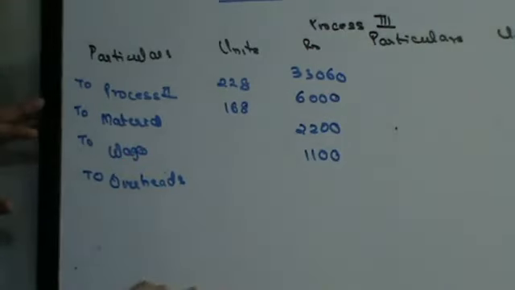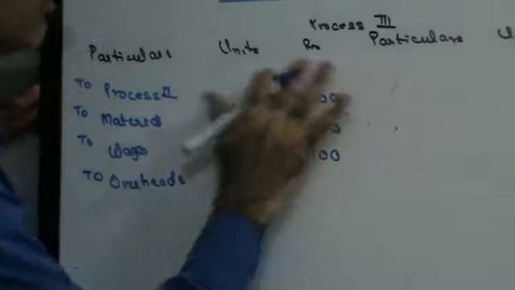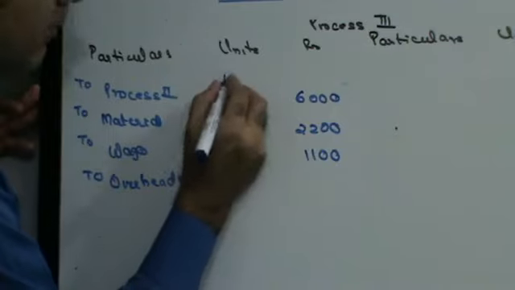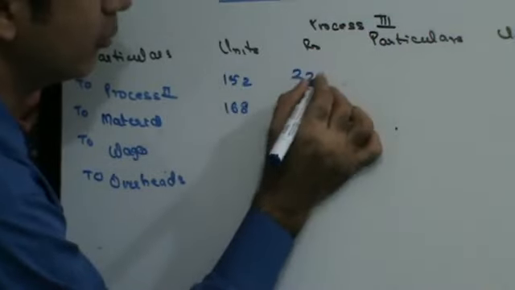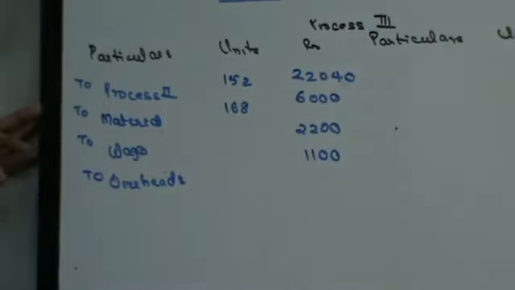Now let's see this for process 3. You have 228. That's my transfer to warehouse. Process 3 is 152 and 22,040. Now 152 plus 168 is going to give you 320.